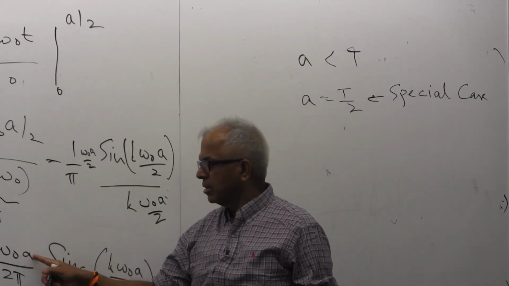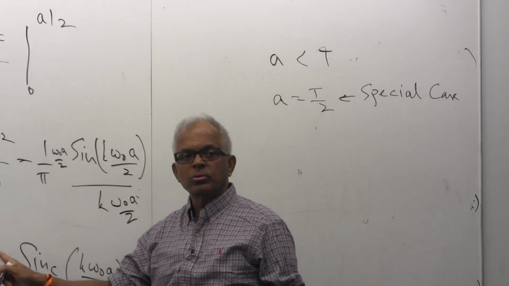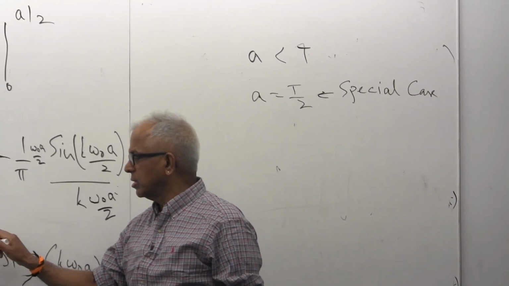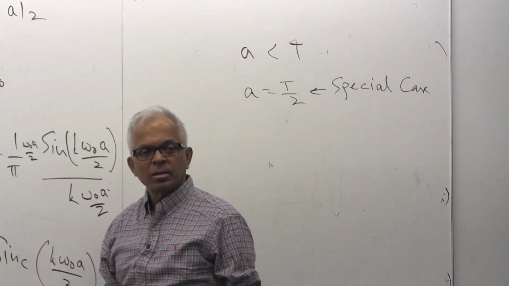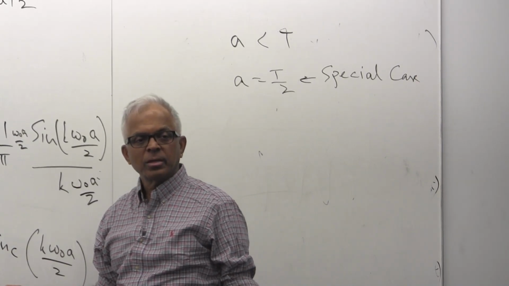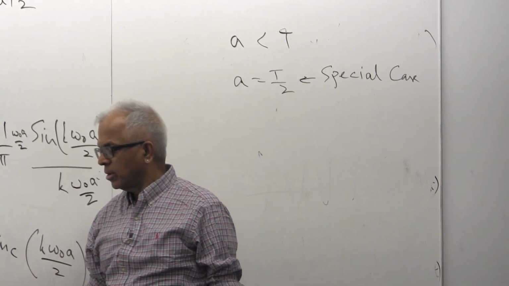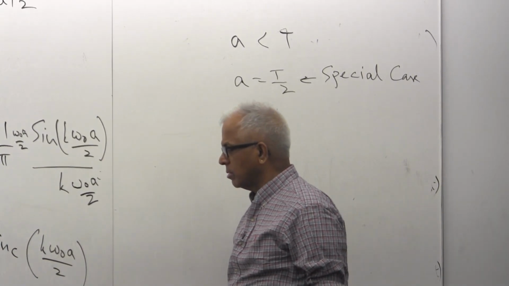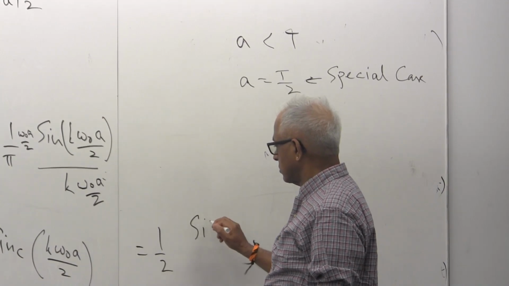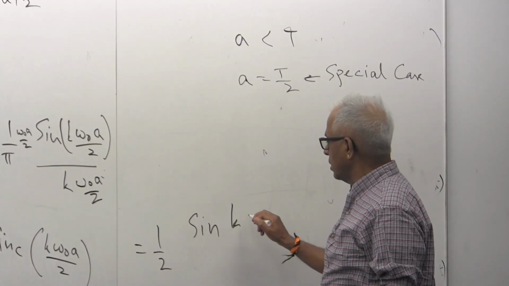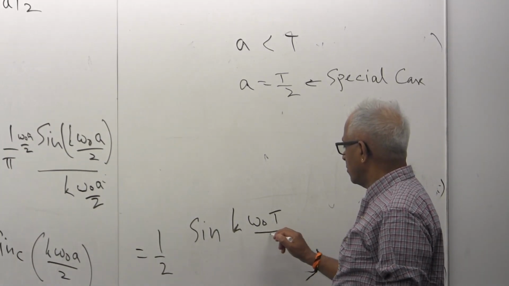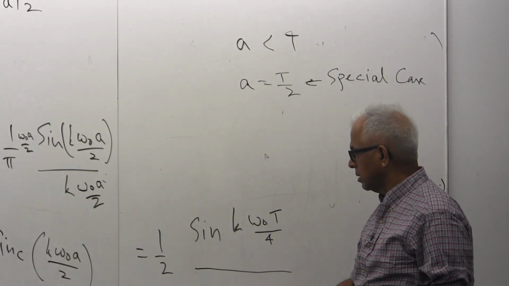So what happens here? If you put t by 2, omega naught over 4, this becomes pi, right? A is t by 2. Omega naught t is 2 pi, divided by 2 is pi. It's 1 over 2, I think, right? k omega naught t by 4 divided by k.